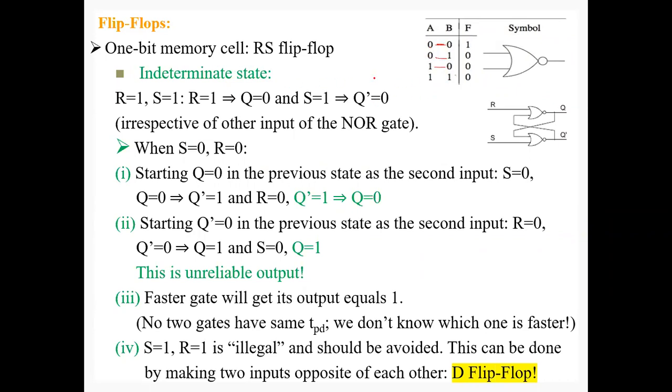Suppose R equals 1, S equals 1. If R equals 1, irrespective of this guy, what do you get here? 0. Yeah. So what is this guy here? 0.